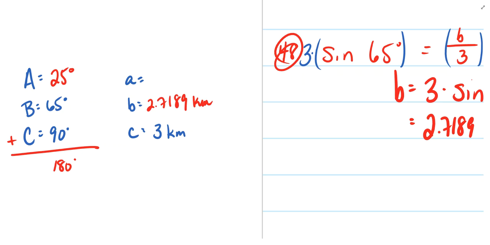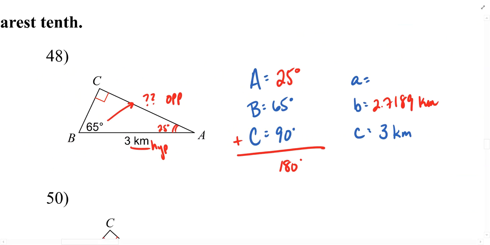And here again we have options for finding side length A. We know 2 of the 3 side lengths of this right triangle, so we could use the Pythagorean equation. But for me, I'm going to note that side length A is the opposite of angle measure A. And again, we were provided the hypotenuse before.